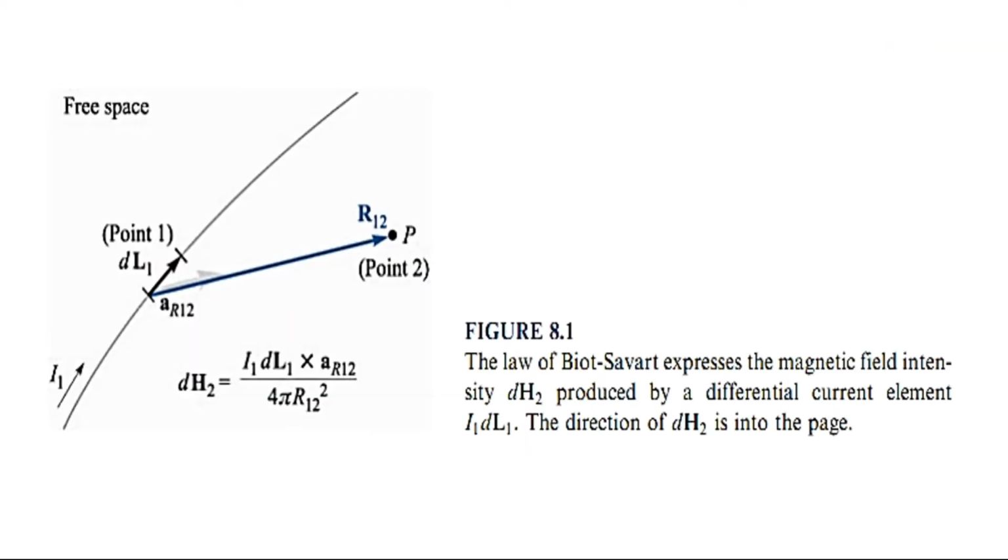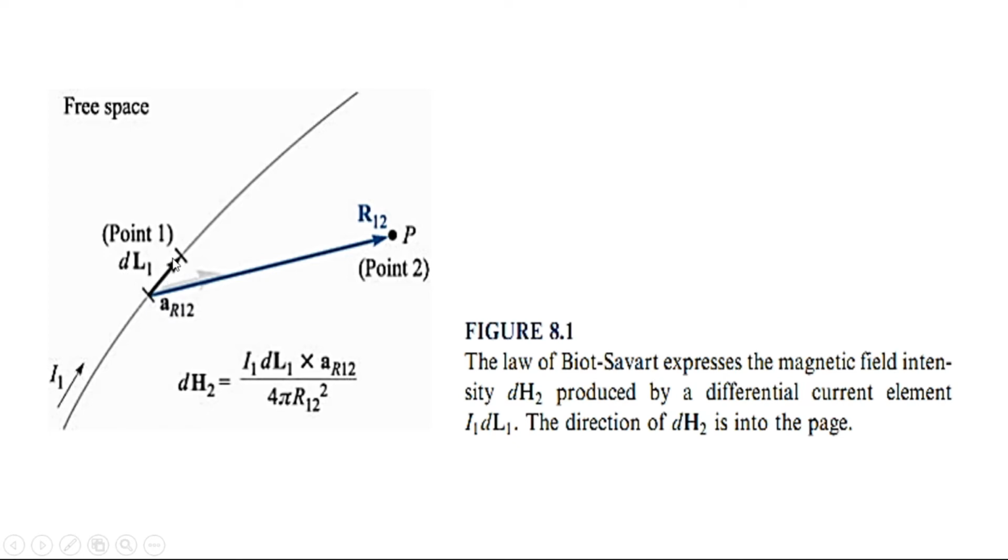So according to Biot-Savart law, we have a filamentary conductor and we are assuming a differential portion, a small portion of the filamentary conductor. We are assuming a differential current element of length dl1.